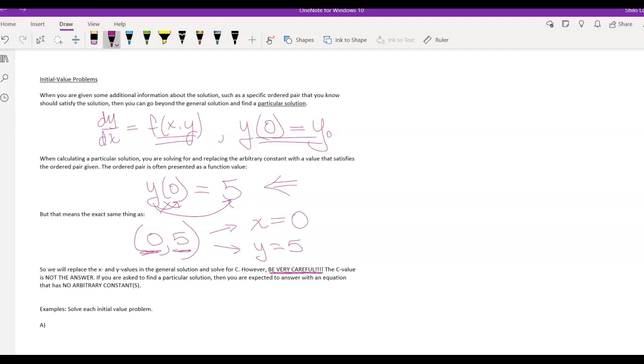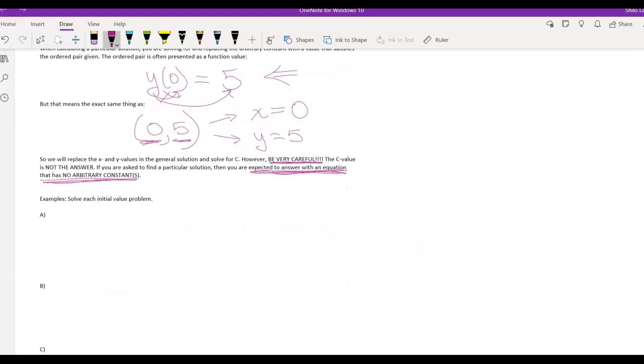If we're being asked to find a particular solution, then we're expected to answer the problem with an equation that has no arbitrary constants. That is what a particular solution looks like. We're still giving an equation, it just doesn't have a plus c. We've been able to calculate that c value, and we have replaced that c value.